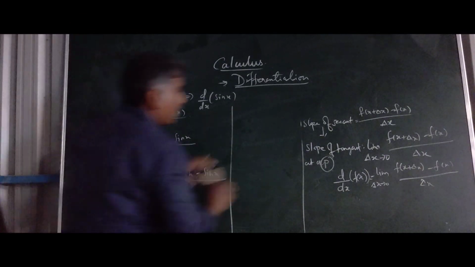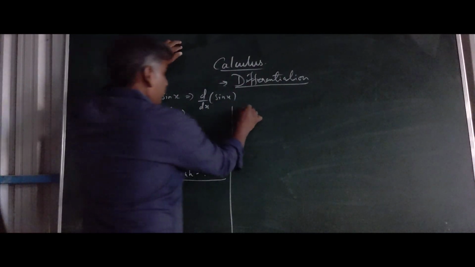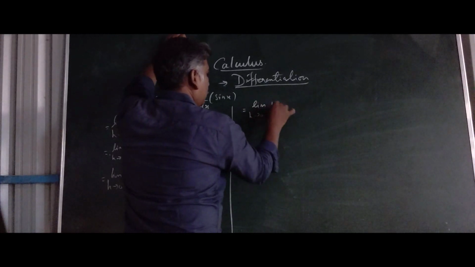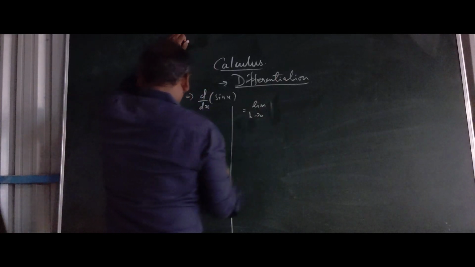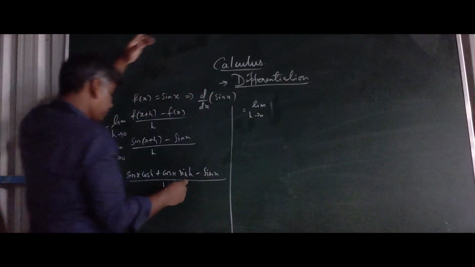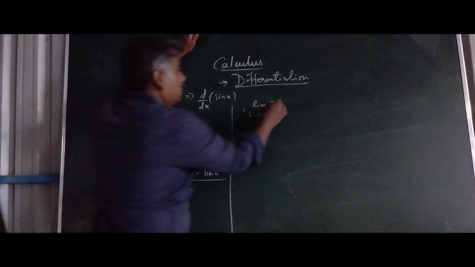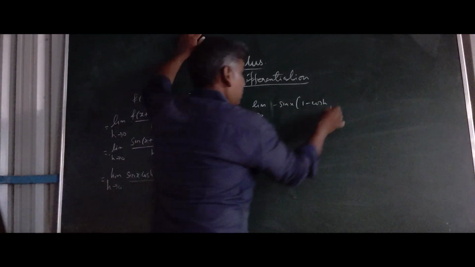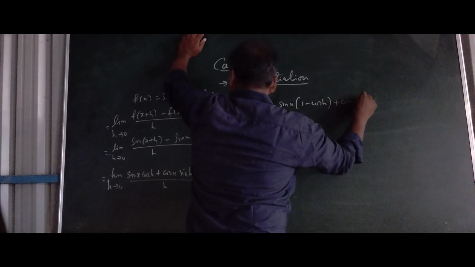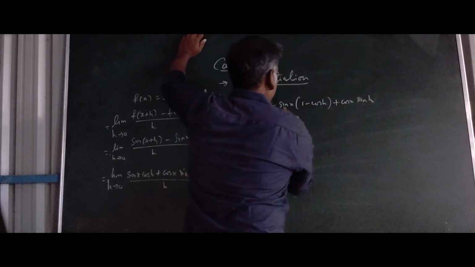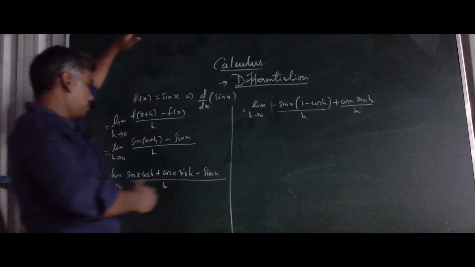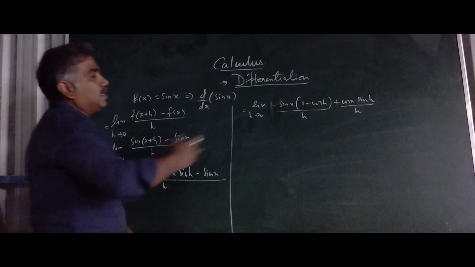Taking minus sin x as common, you will get 1 minus cos h, plus cos x sin h, and now you can distribute h into the two functions.